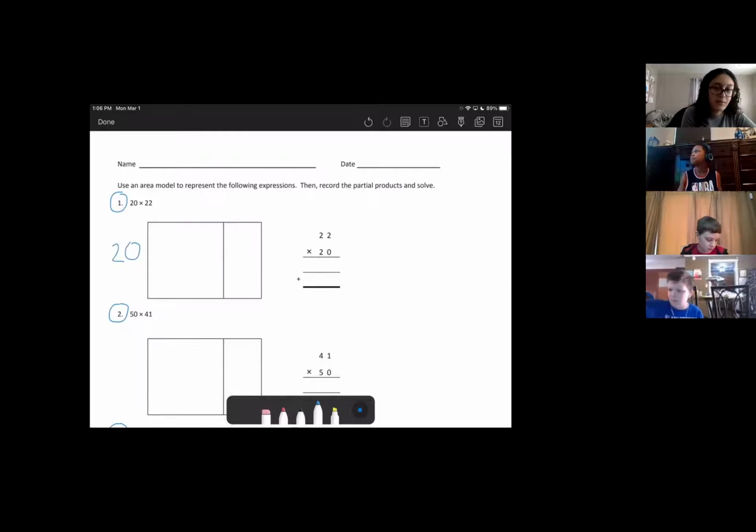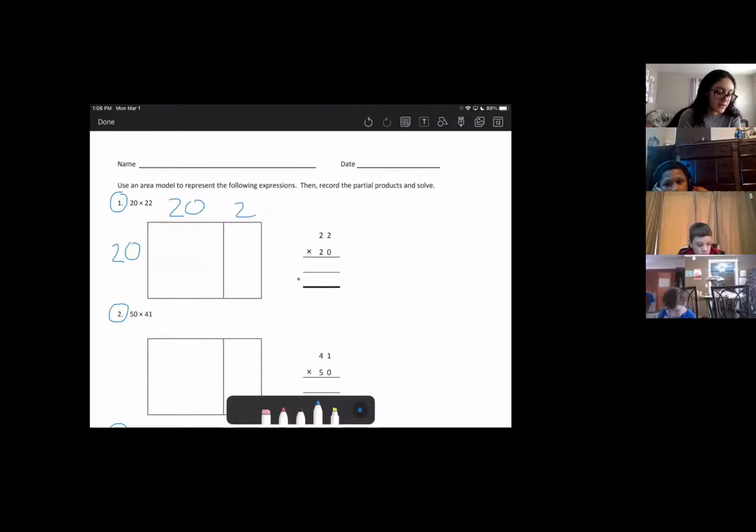And then what numbers are we going to put up on the top? 20, and then on the smaller side, 2. Right, because we're breaking up 22 into 20 and 2. So next, I need to find the area of both of my rectangles that I have here.